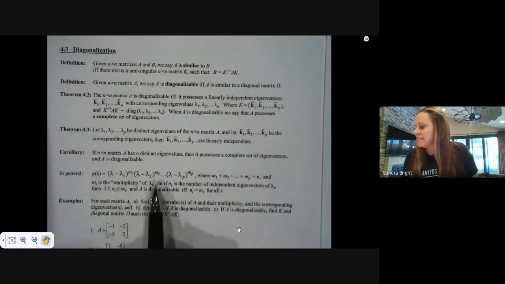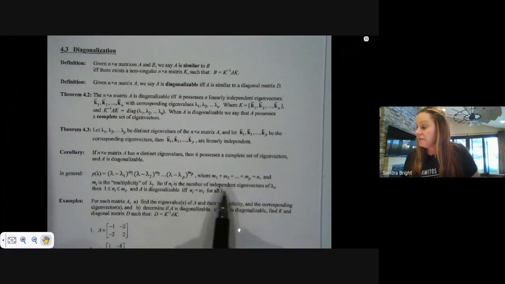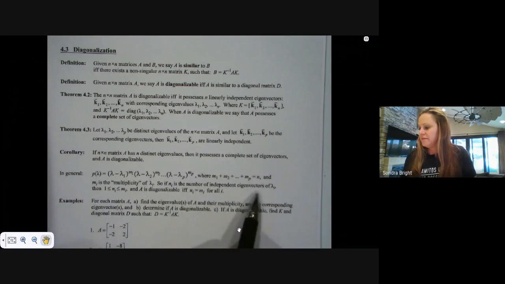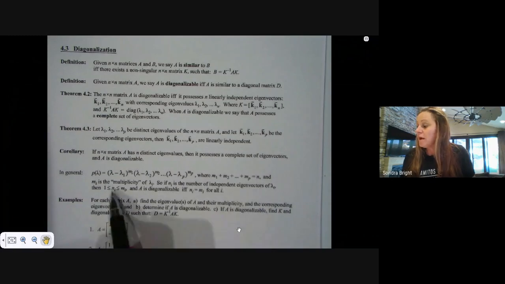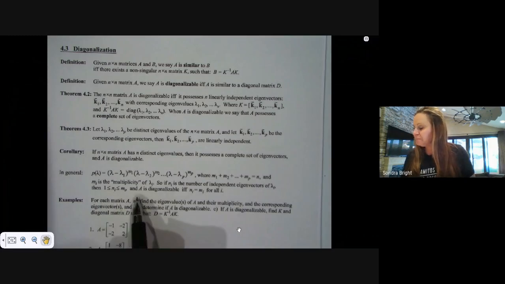If n_i is the number of independent eigenvectors of the eigenvalue, then n_i is at least 1 but at most m_i, and A is diagonalizable if and only if n_i is equal to m_i.